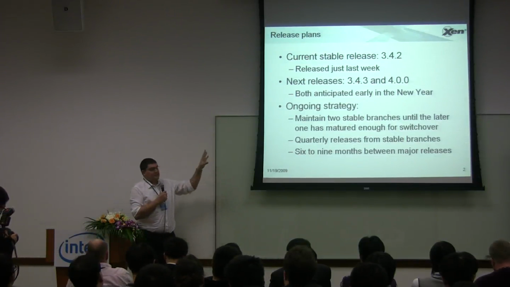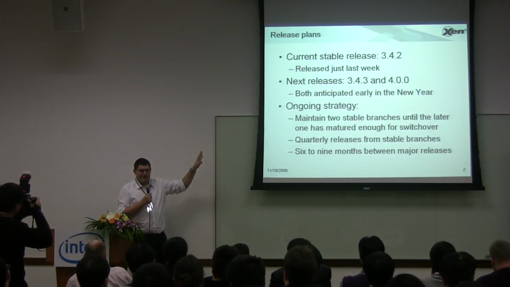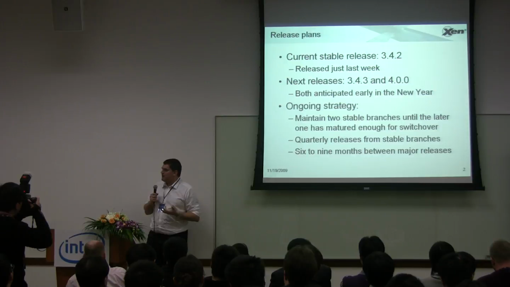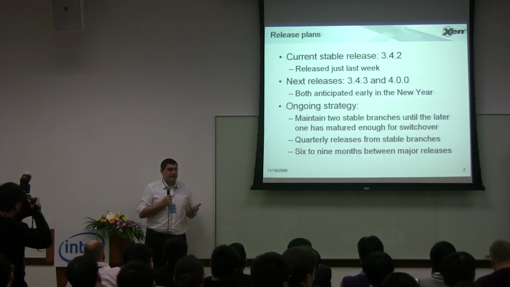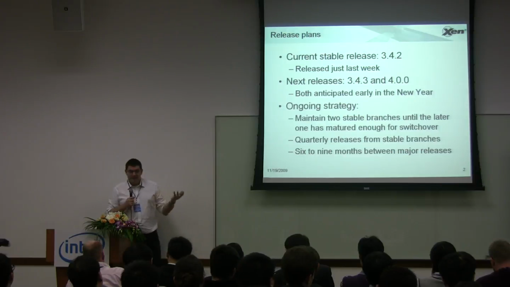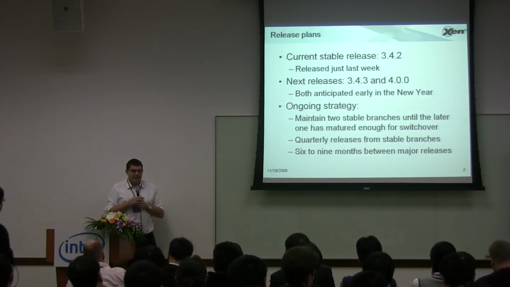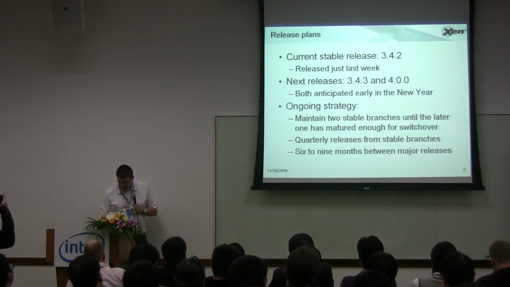Obviously we're changing the most significant digit of the version number this time, moving to Xen 4.0. That really reflects the large number of new user visible features which are going to be part of the hypervisor in that release. And that's what I'm going to give you a brief survey of.